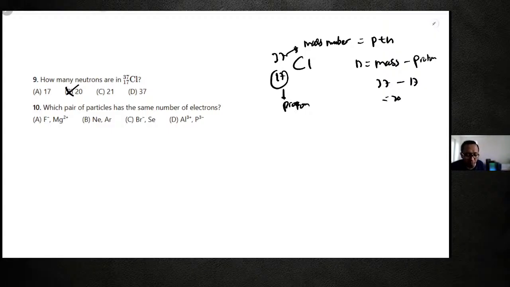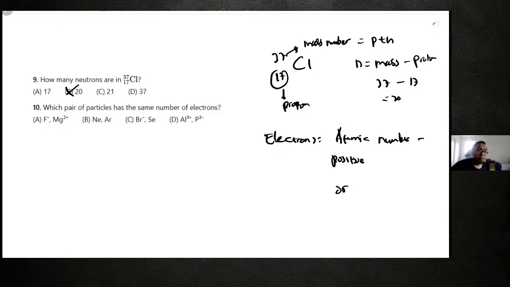Which pair of particles has the same number of electrons? Strategy: count electrons by adjusting for charge. What's the meaning of that? Electron count is atomic number minus positive charge or plus negative charge. This is the equation. Remember, electrons equal atomic number minus positive or plus negative.